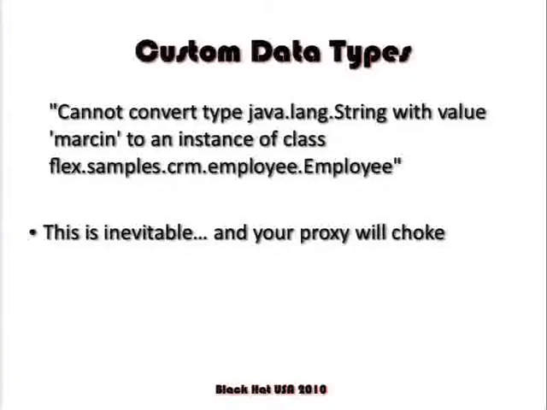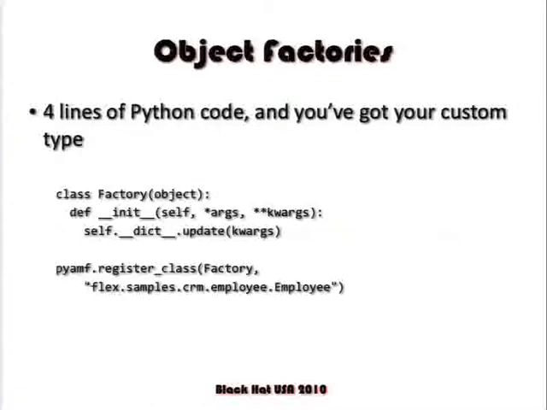Then we register that class with a class name alias, so that when PyAMF goes to encode or decode that object into an AMF stream, it encodes it as, say, that employee object versus just some dictionary. So that when the server gets it, it knows that it's an employee object and not a dictionary or a hash map or whatever, and it works. So that's that.